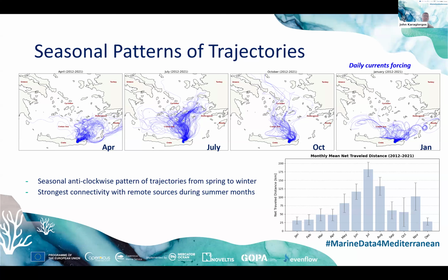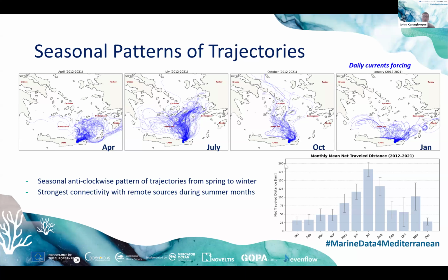As a consequence, the sources of plastics move progressively from the southeastern Aegean and the island of Rhodes to the Dodecanese Islands and the west coasts of Turkey, next through the Cyclades, and some of the particles seem to arrive at the beach location from the eastern mainland of Greece.